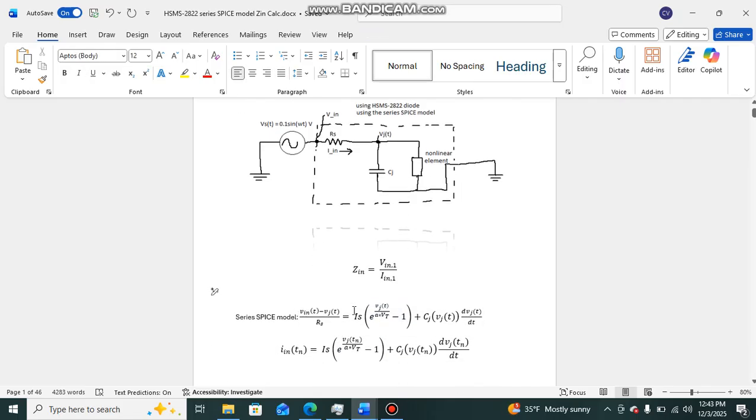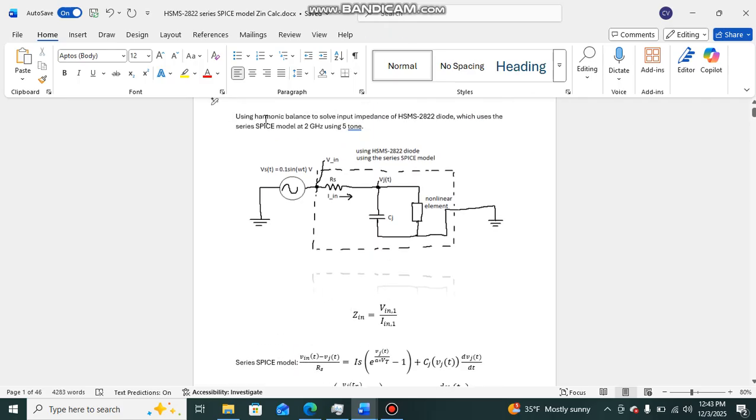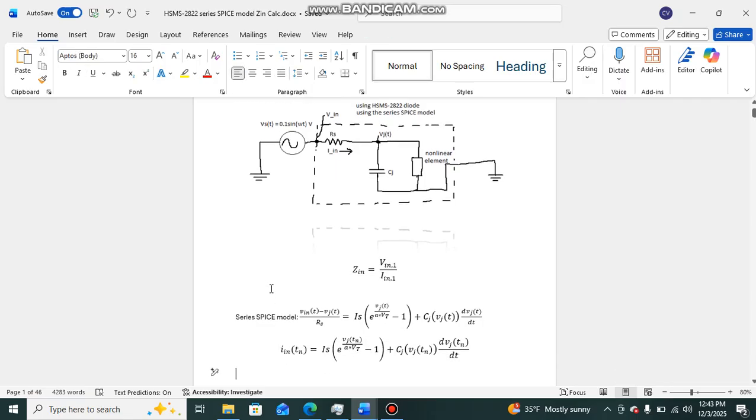So harmonic balance is basically we're finding the harmonics of the voltages and the currents. In order to find the voltages and currents, we can plug those values in.